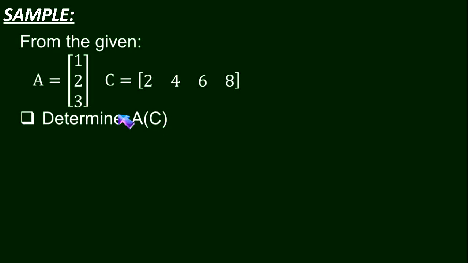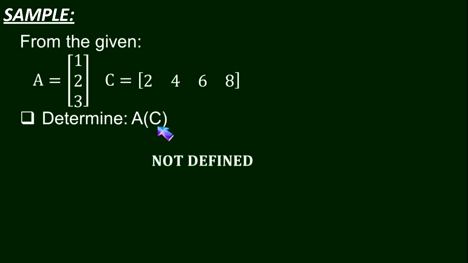The row of the first matrix is of the same size of the column of the second matrix. So, yung row natin dito, 1, 2, 3. Yung C natin dito, 1, 2, 3, 4. So, they don't have the same size. So, ano yung magiging sagot natin if we multiply A times C?